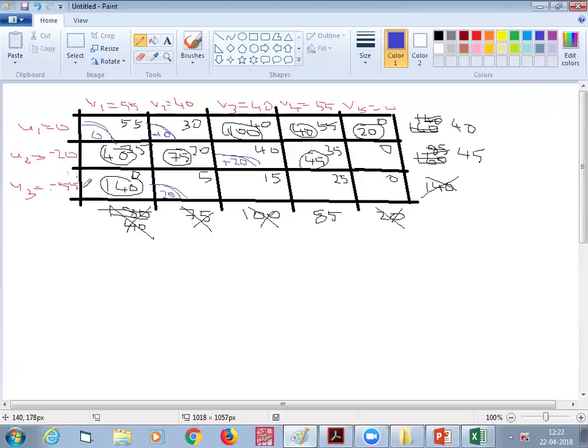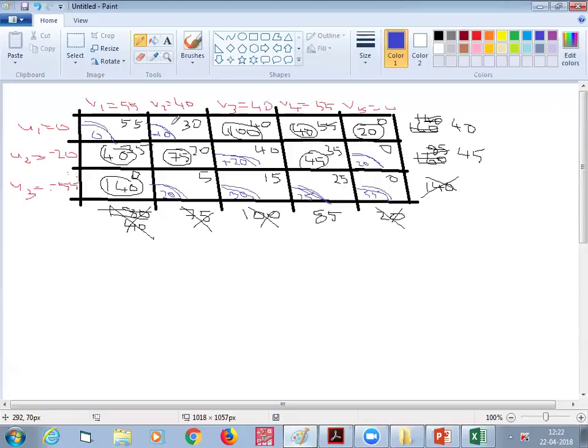15 minus minus 55 is 70. 70 minus 40 is 30. So again, no problem here. 0 minus minus 20 minus 0 is plus 20. This is plus 55. So no problems here at all. Now this one, 25 minus minus 55 plus 55 is 25 itself. So no problems in these. The real worry is this one.